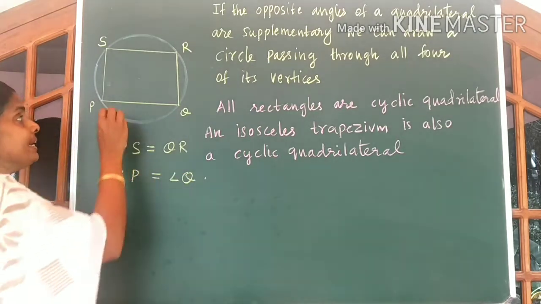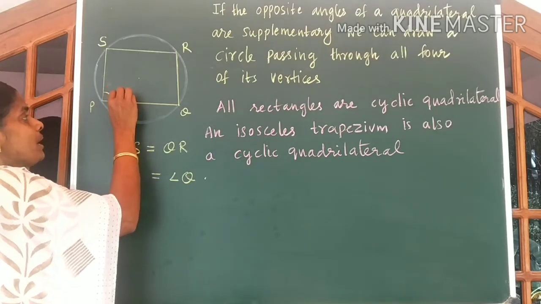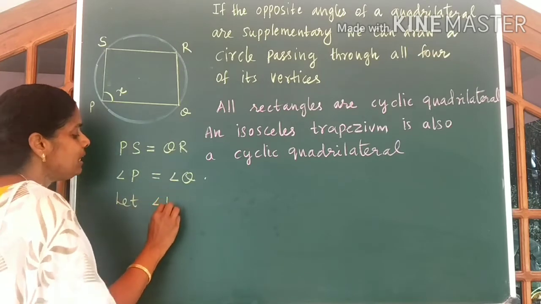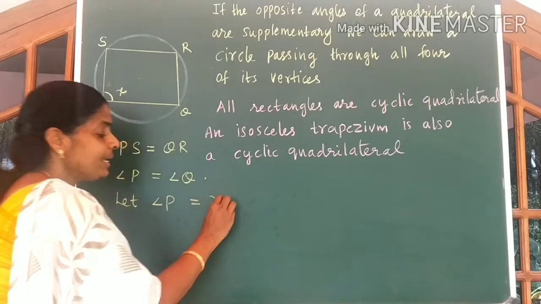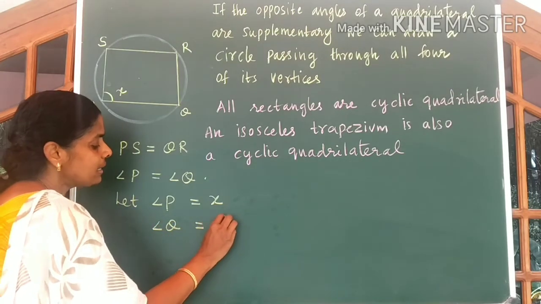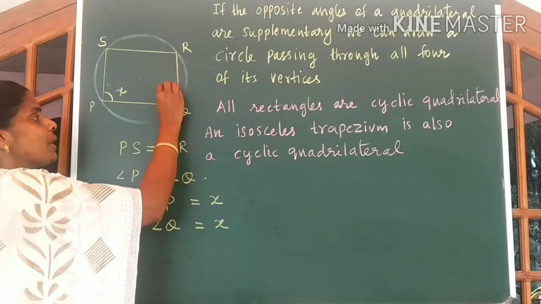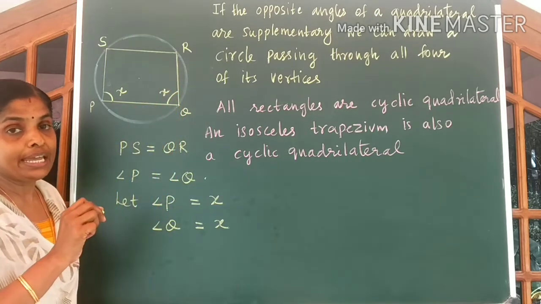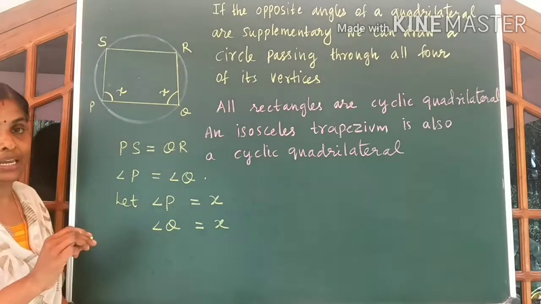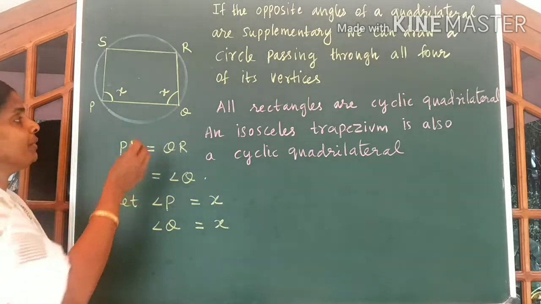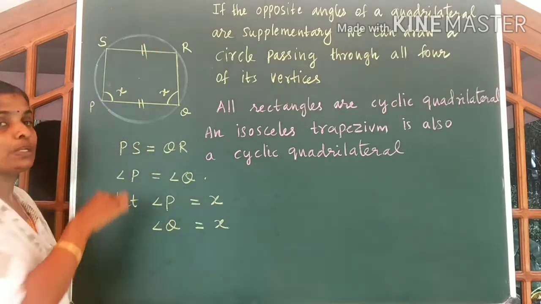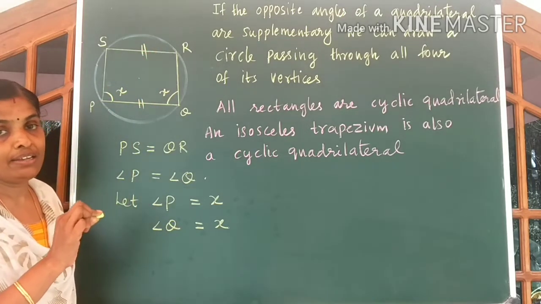Let angle P be equal to X. Then what can you say about angle Q? Angle Q would also be equal to X, because in an isosceles trapezium, base angles are equal. Now also you know in a trapezium, one pair of opposite sides are parallel, isn't it?